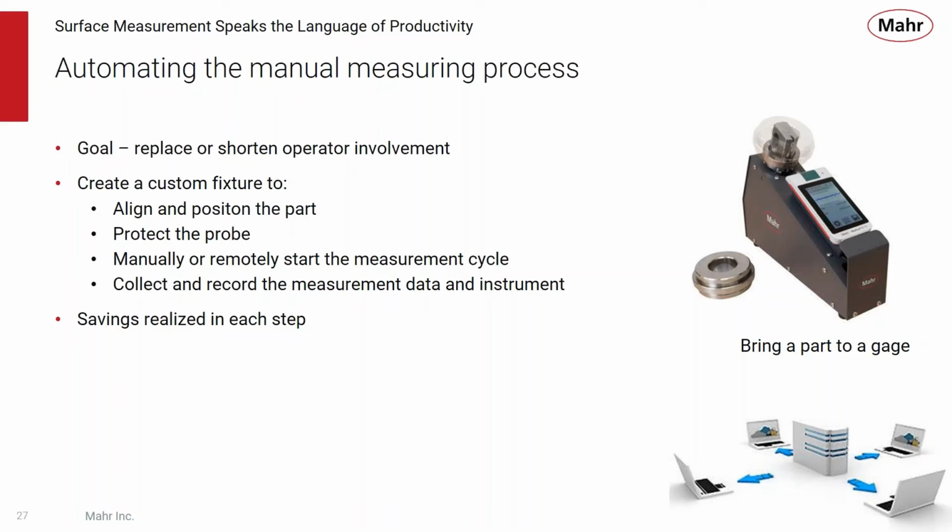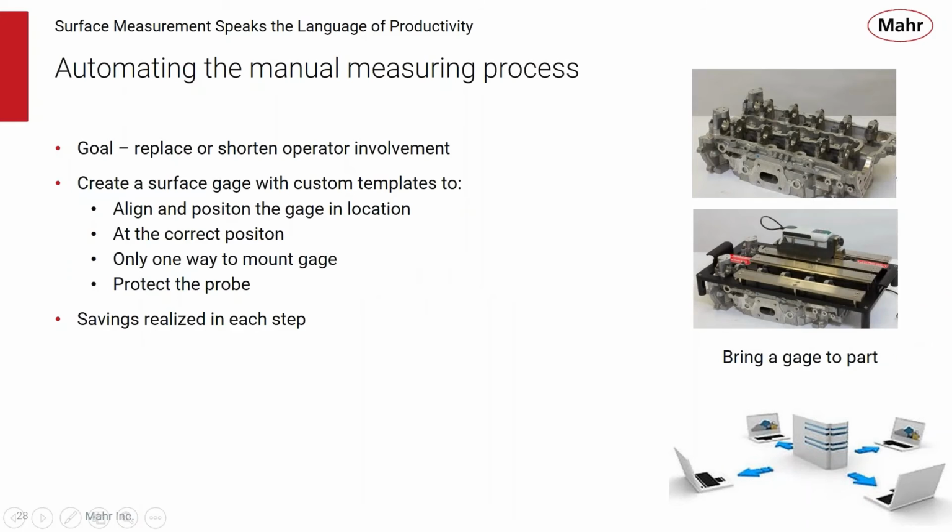Here's an example of a little fixture gauge which has a probe. The part is put onto the fixture. It has the surface tool part of it. It has probe protection. There's no alignment, making the measurement very foolproof for the operator, automating the measuring process.